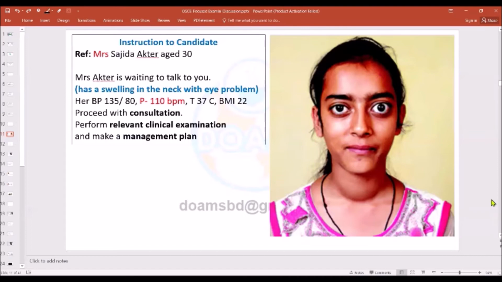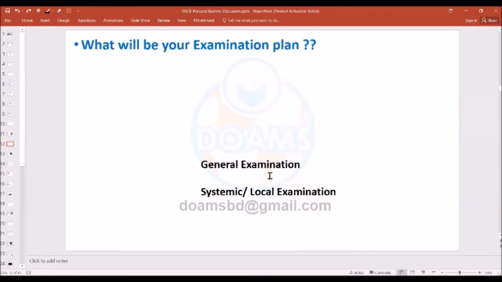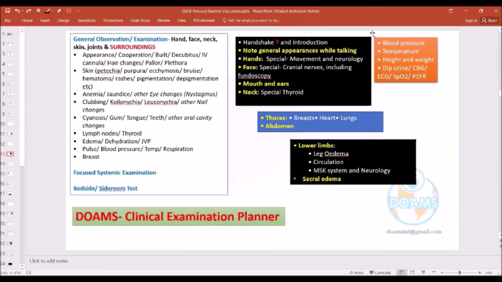You completed your hand examination and now come up to the neck, the eye, and other parts, then down to the lower limb, especially to see some neurologic exam as well as the pretibial myxedema also.